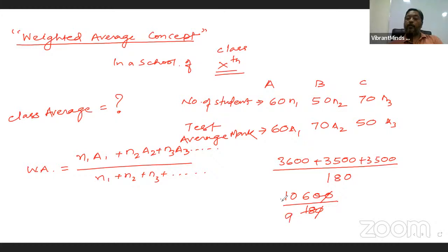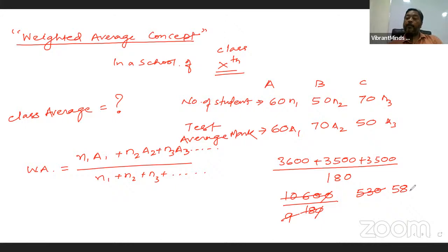This will be 9. And we have 2, 5, 2, 3, and 0. 9 5s are 45. 9 6s are 54. 9 8s are 72.